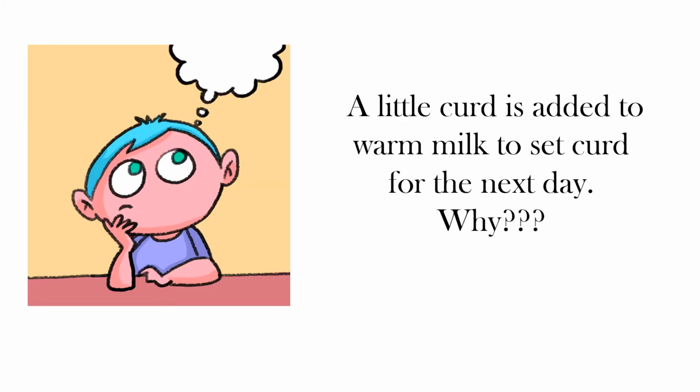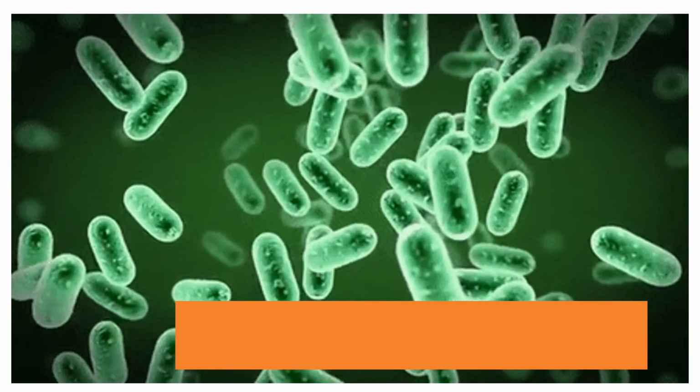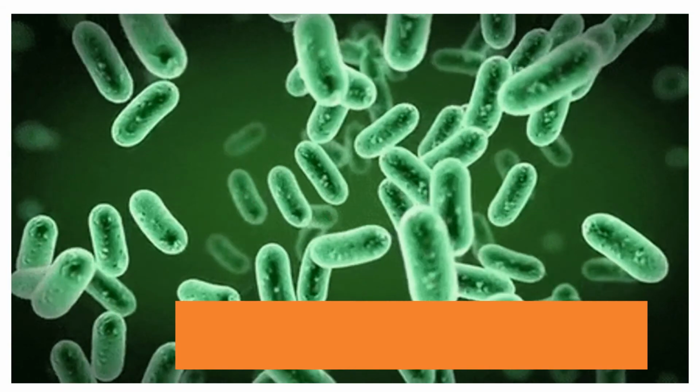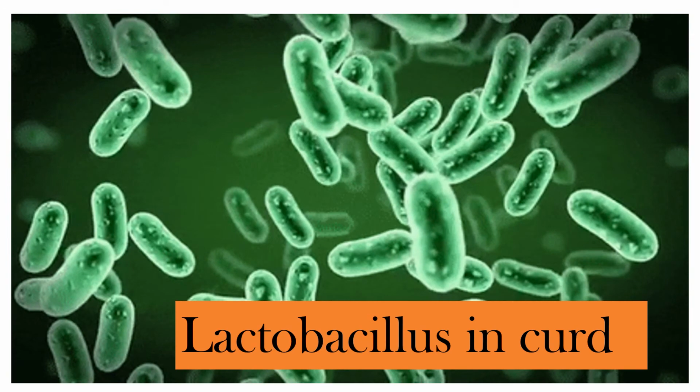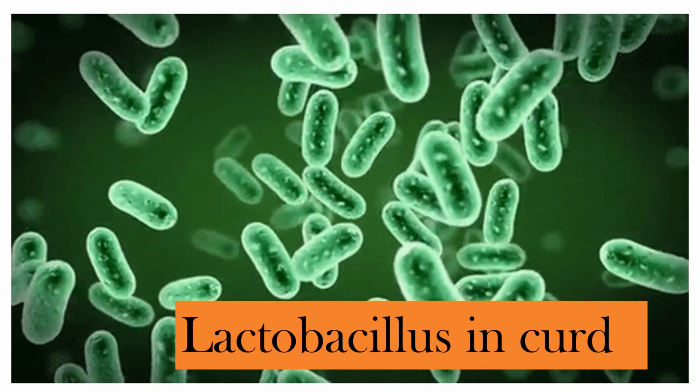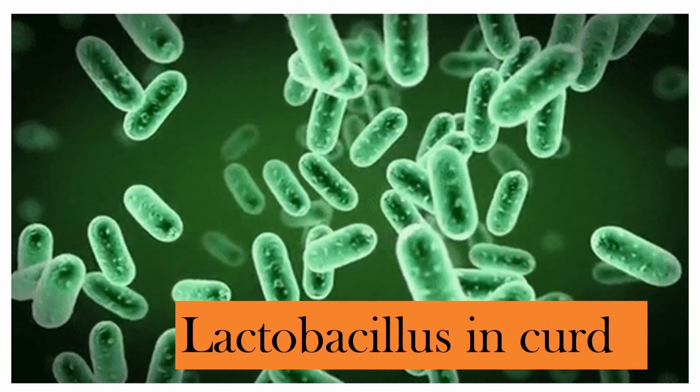Have you seen that a little curd is added to warm milk to set curd for the next day? Why? What is the reason? It is because the curd contains several microorganisms, and of this, lactobacillus is the most prominent one that promotes the formation of curd.